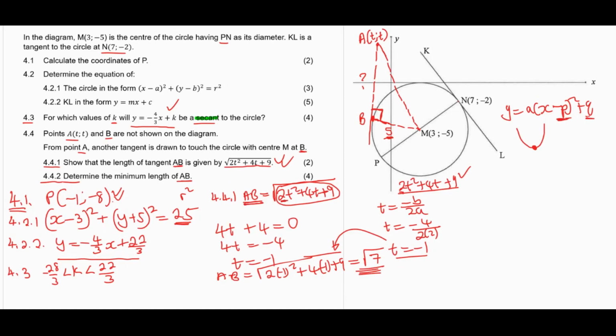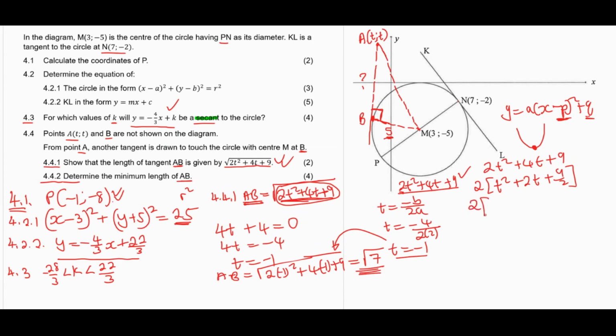Let's extract this and we do completing the square of this 2t squared plus 4t plus 9. So we have 2t squared plus 4t plus 9. For completing the square, we have to factor out 2 so that the coefficient of t squared is 1. It's 2, then t squared plus 2t plus 9 over 2. And then we complete the square of what is inside the square brackets here.